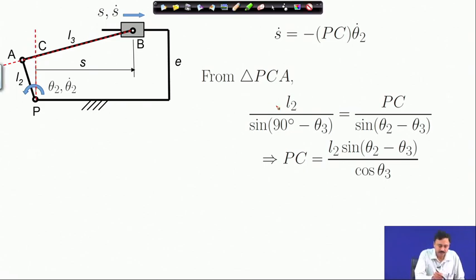You can see that L2 divided by this angle. Now, what is this angle? Remember that this is theta 3. So, the angle that link 3 makes with the x axis or the horizontal axis is theta 3.